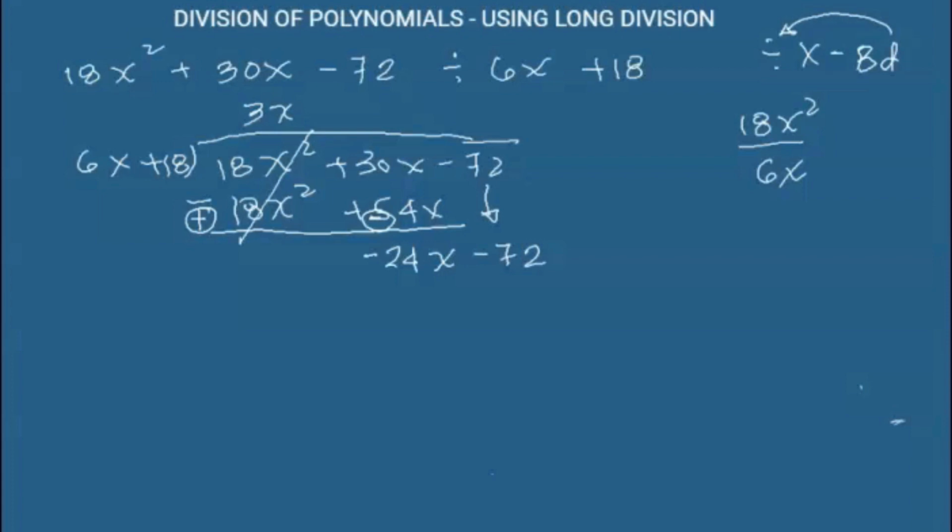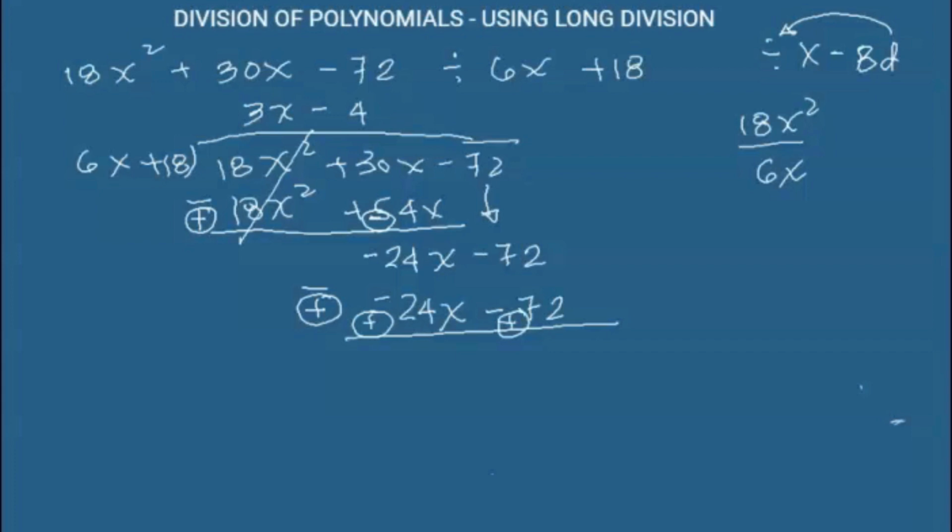After bring down, divide again. Negative 24x divided by 6x is negative 4. Then multiply. Negative 4 times 6x is negative 24x. Negative 4 times 18 is negative 72. Then let's subtract, and again, add the opposite.